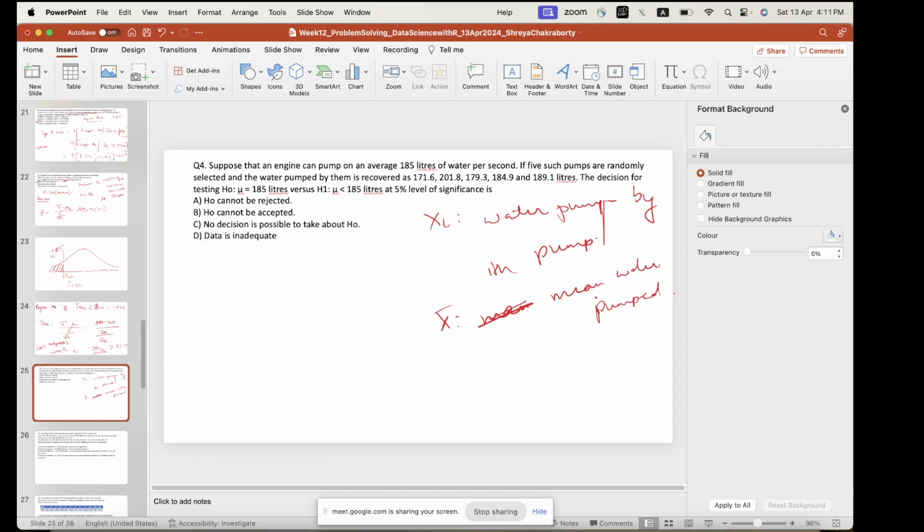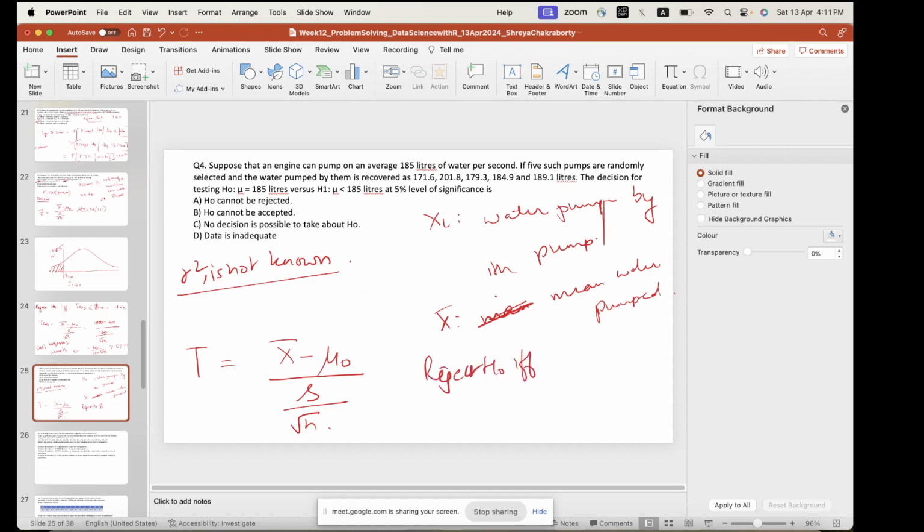Alright. So the difference between the previous one and this one is that sigma square or SD is not known. So then the test statistic will be X bar minus mu naught by S by root n. And then the rejection rule will be reject H naught if and only if T is less than T critical.